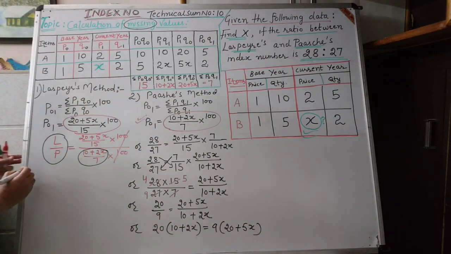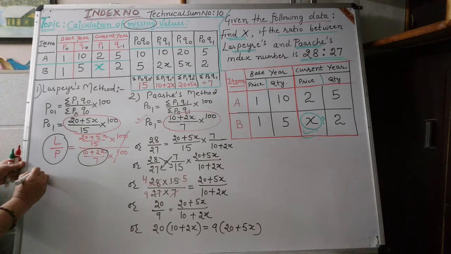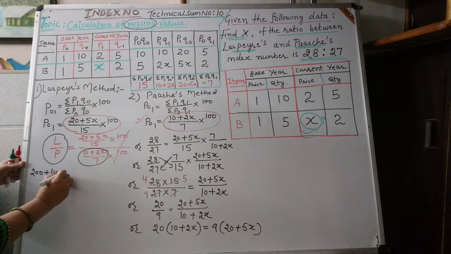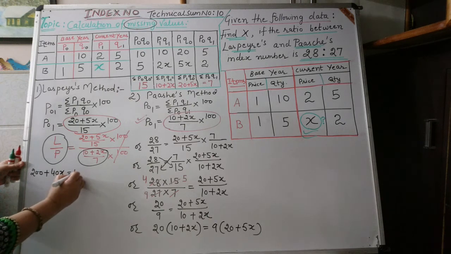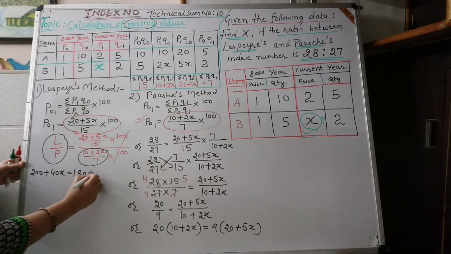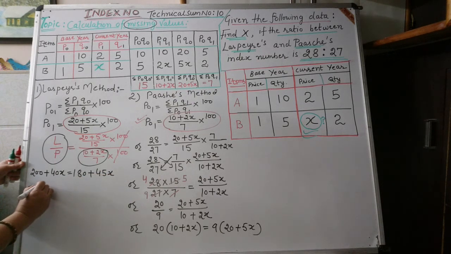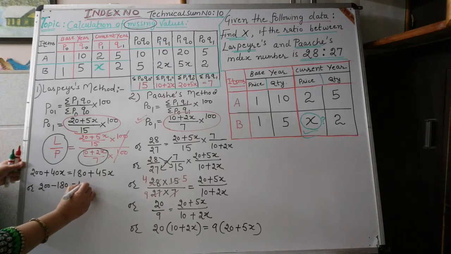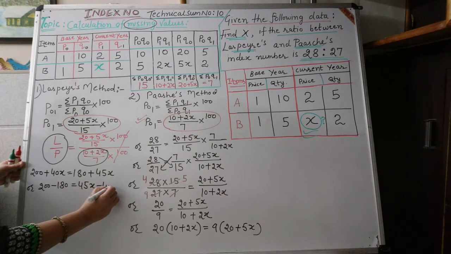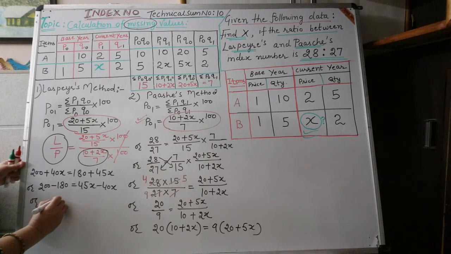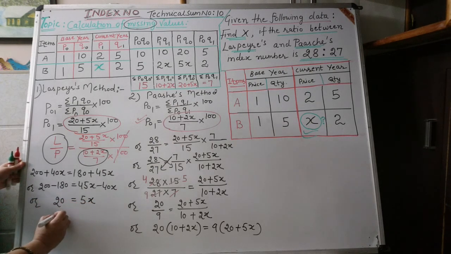Further, 200 plus 40x is equal to 180 plus 45x, or 200 minus 180 is equal to 45x minus 40x, or 20 is equal to 5x, 4 is equal to x.